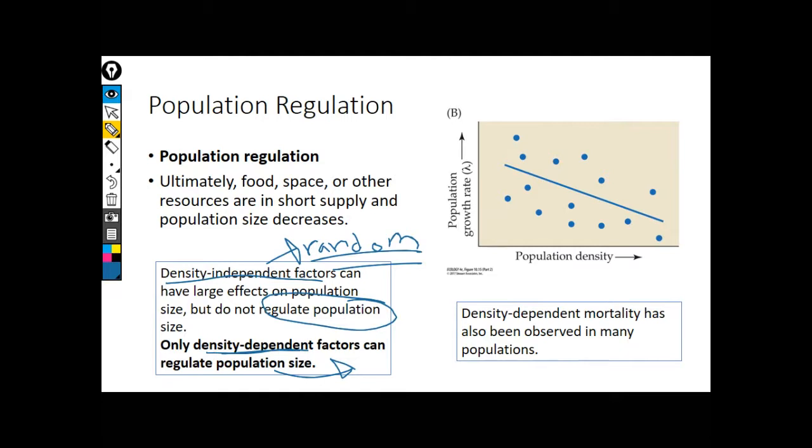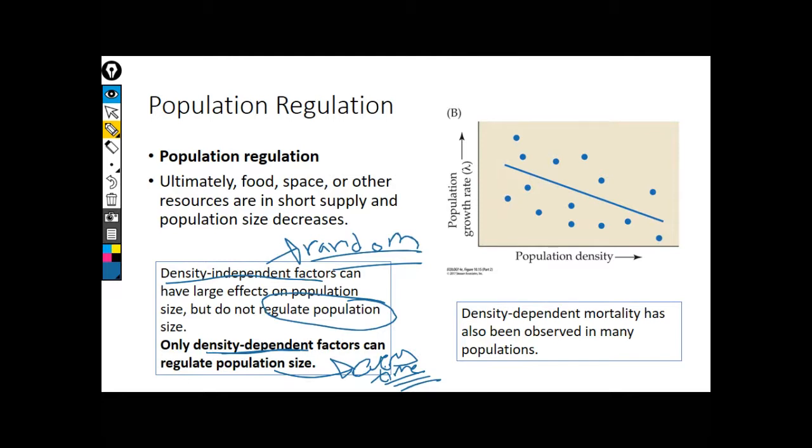Not just once every 100 years when there's a massive wildfire, right? But every time. There's too many of them. Okay. So our density dependent has a pattern, and that's what we mean by a pattern.